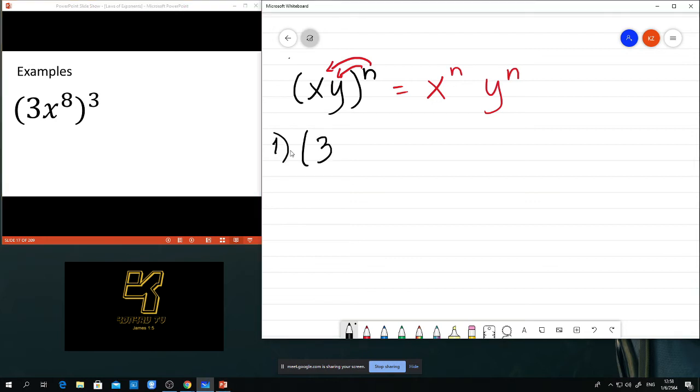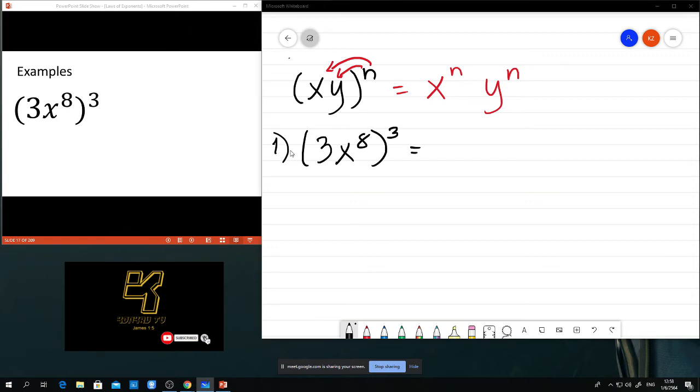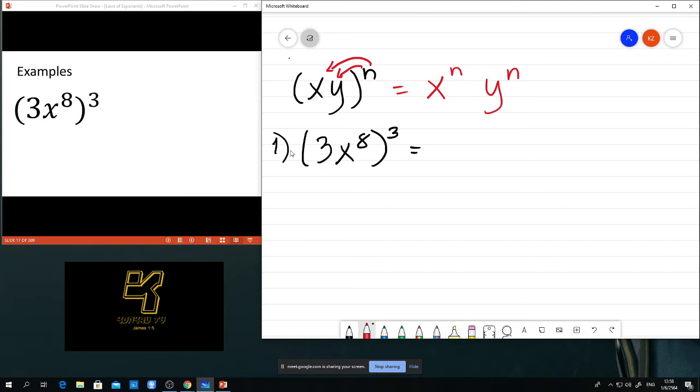So we have 3x power of 8, quantity power of 3. I will use red pen. So we have 3 power of 3, x power of 8, applying law number 3, 8 times 3. 3 power of 3 is 3 times 3 times 3, which is 9 times 3, 27.